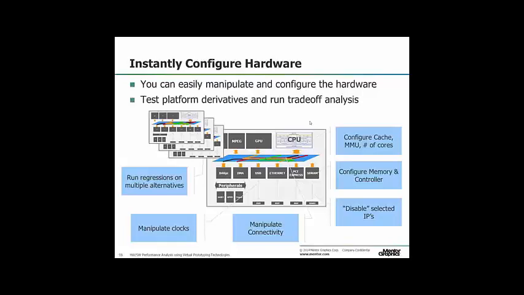You might want to disable whole IPs if you don't want to use them. And quite often it's useful to configure things like the bus memory addresses where peripherals are mapped to, so that you can change software drivers and how things are set up depending on what's being developed on the software side.